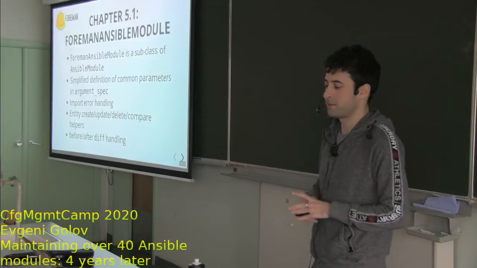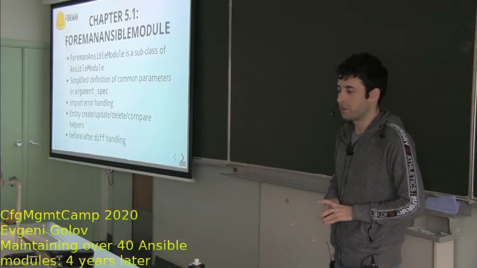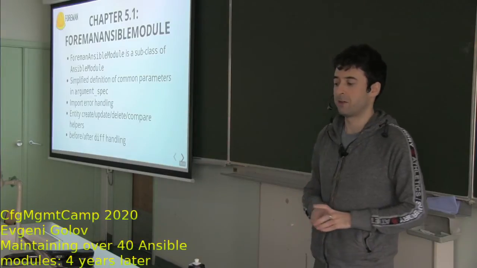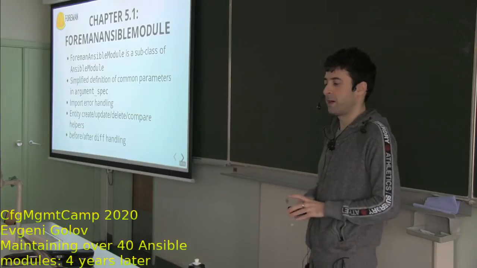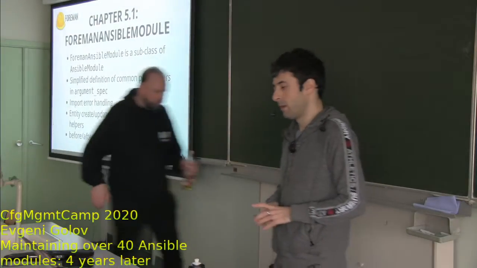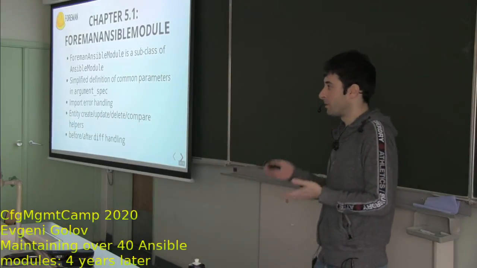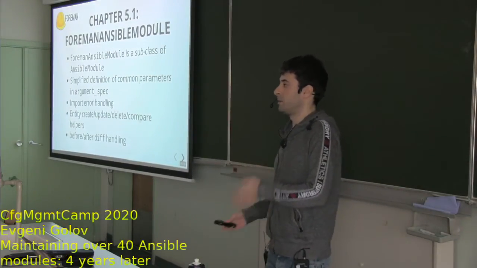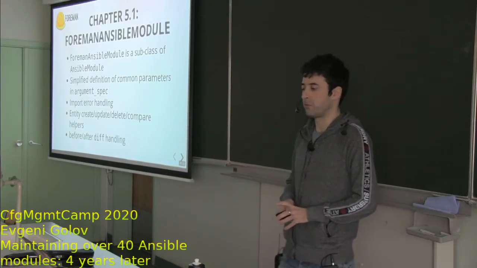So we created this subclass of AnsibleModule. First, it was just simplifying our argument spec, removing the need to define server, admin, username, password, and everything. After that, we added error handling to it. So if any error happens, it will properly execute fail_json for us.